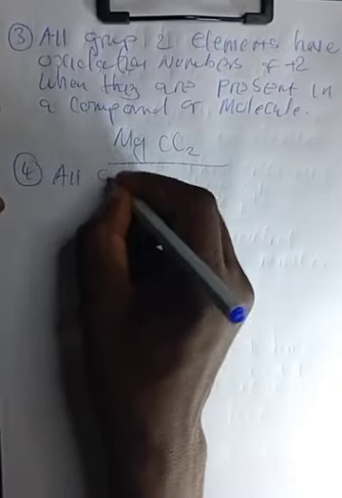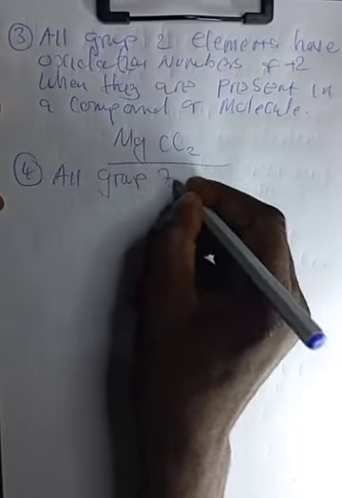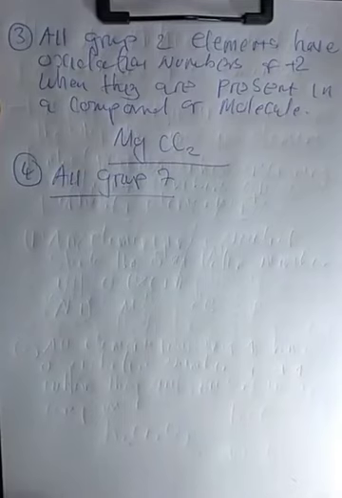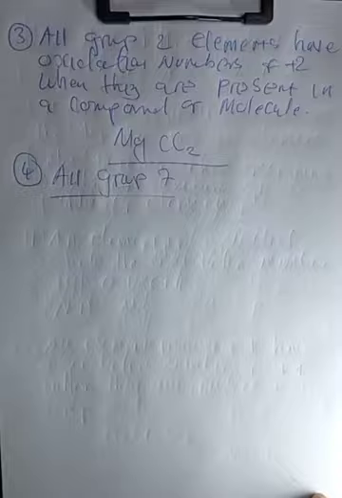Number 4 is that again all group 7 elements. We know them: chlorine, fluorine, bromine, iodine, and all that.